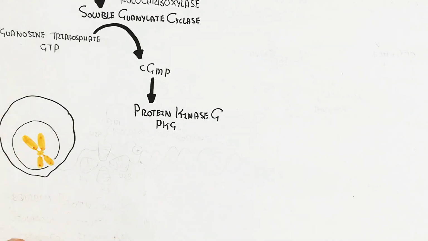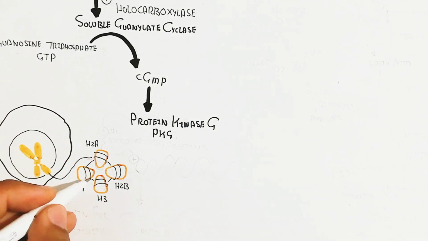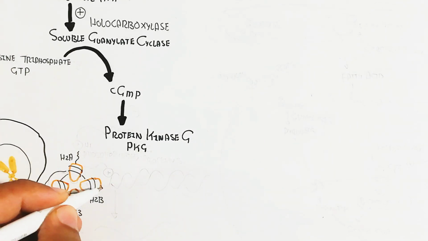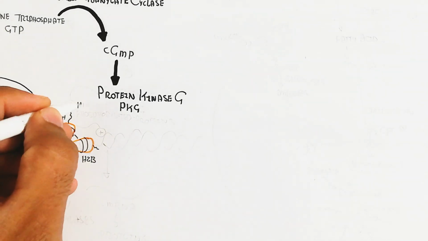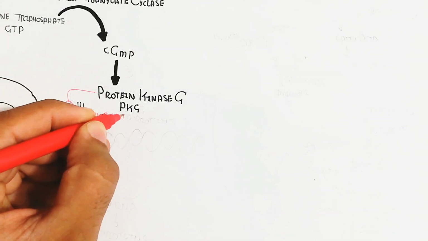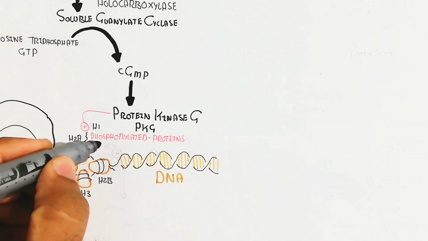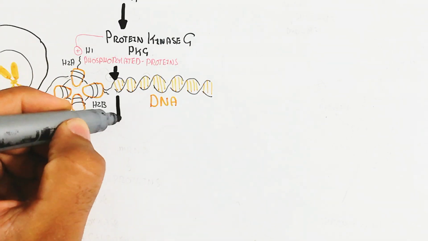Protein kinase G activation leads to phosphorylated proteins in the DNA, in the histone protein, the tail of the histone as a linker protein. The histone proteins contain H2A, H2B, H4 and H3.